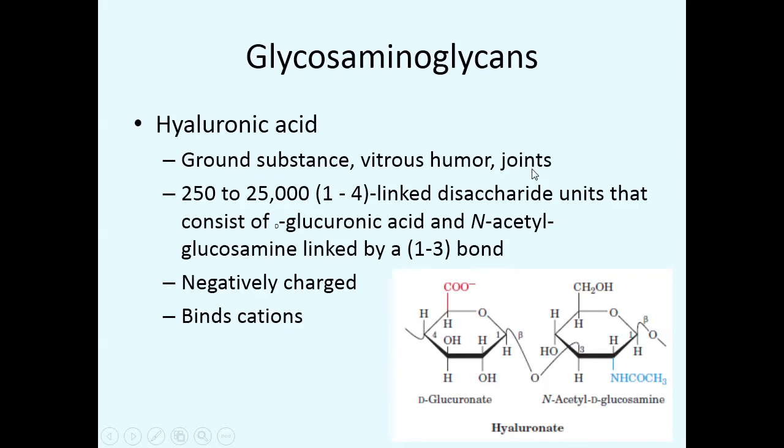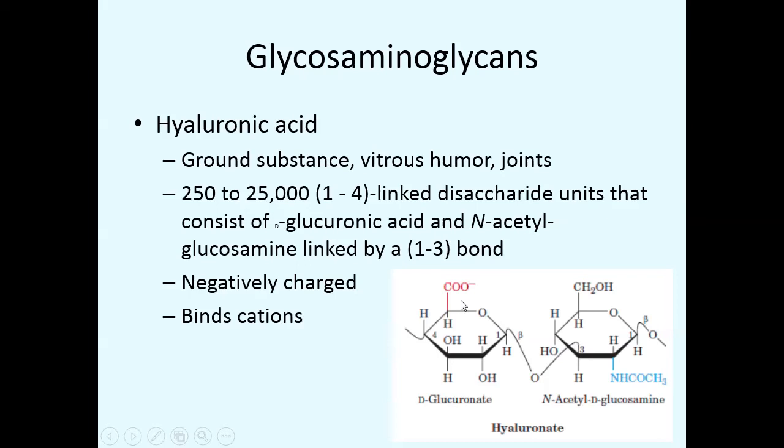It is made up of a repeating disaccharide unit which contains glucuronic acid linked to N-acetylglucosamine through a beta-1-3 glycosidic bond. Because of the presence of carboxyl groups, hyaluronic acid is negatively charged. Also, these carboxyl groups interact with cations.